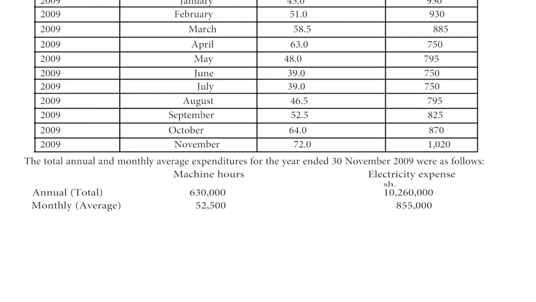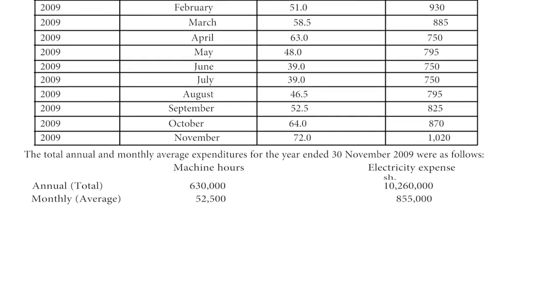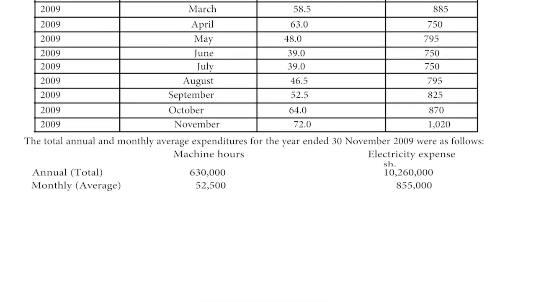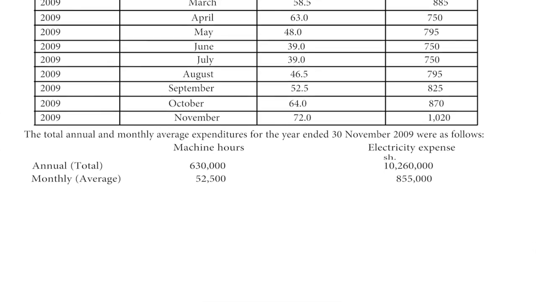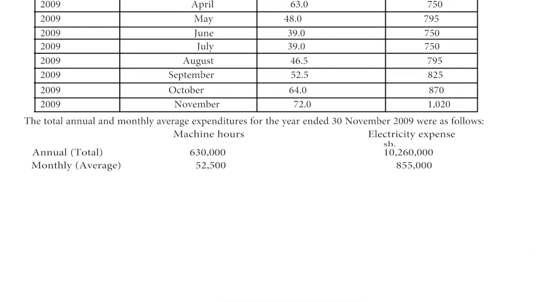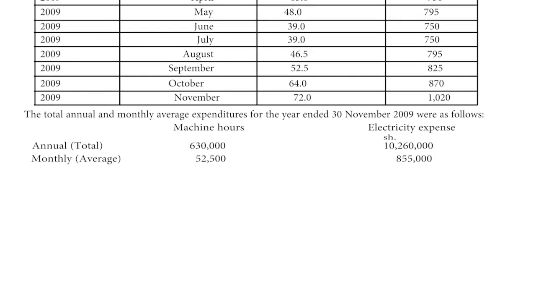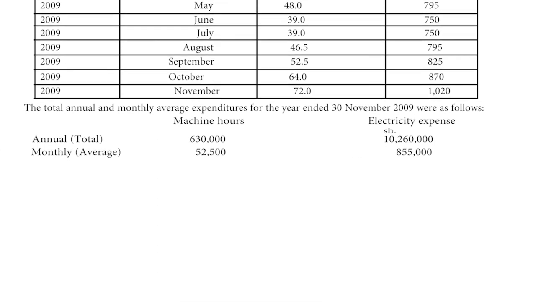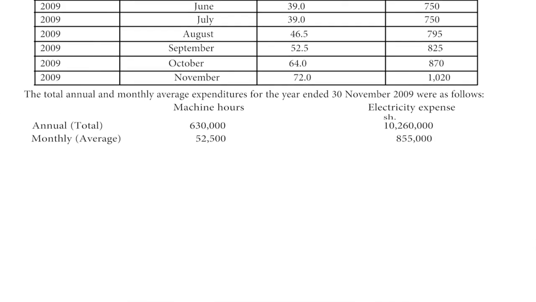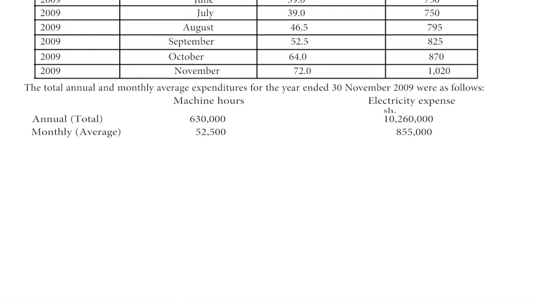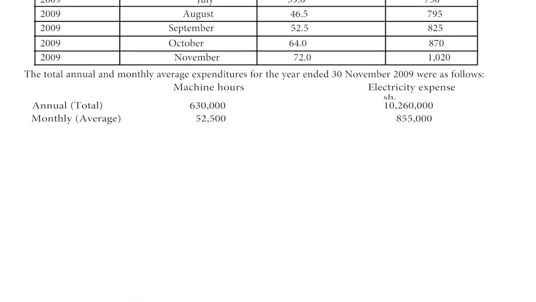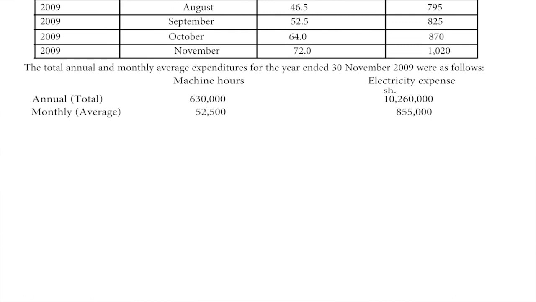Then September, 52.5 hours, 825 shillings. October, 64.5 hours, 870 shillings. Then November, 72 hours, then 1020 shillings. The total annual and monthly average expenditures for the year ended 30th of November 2009 were as follows.